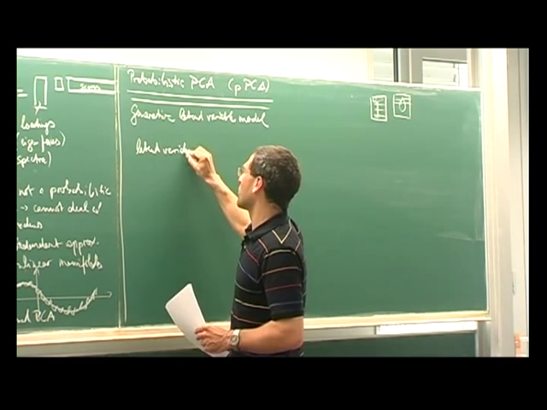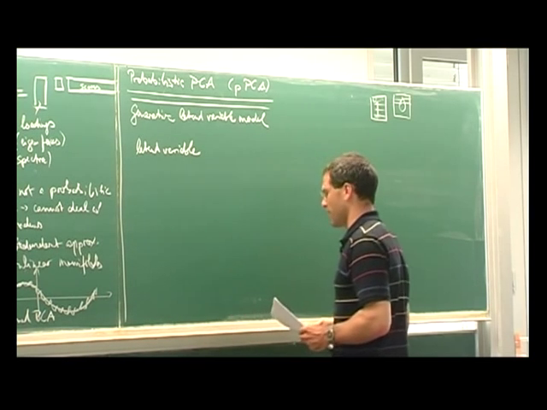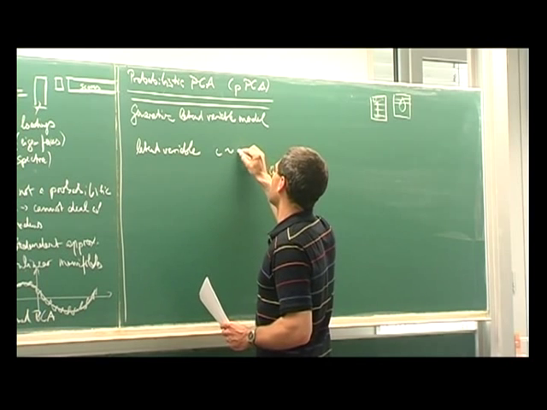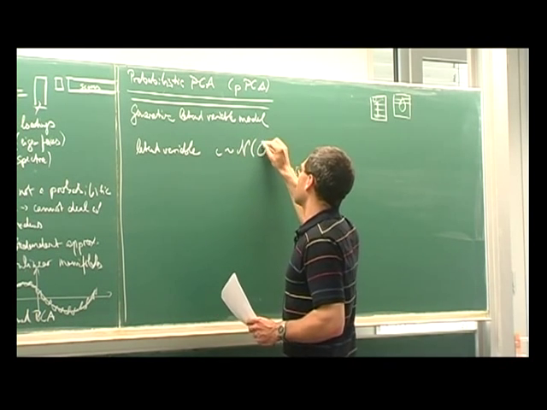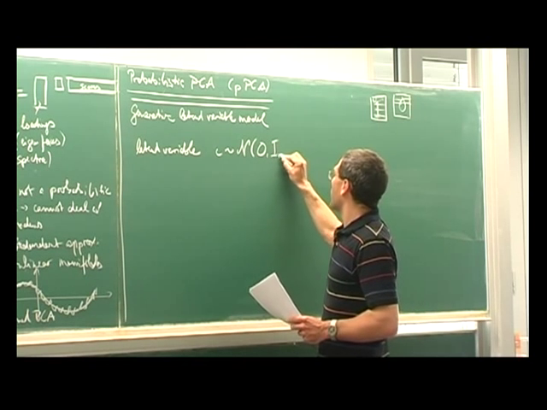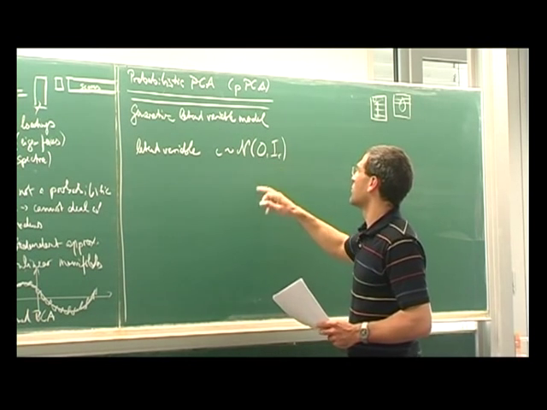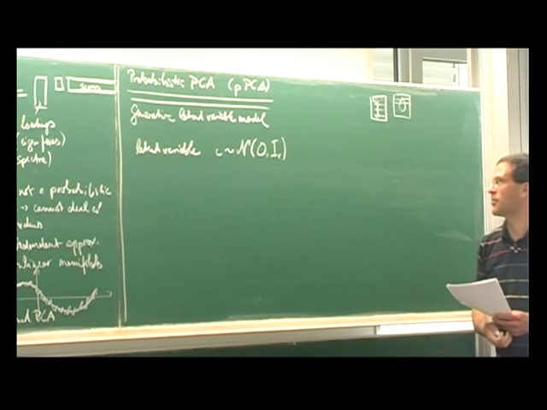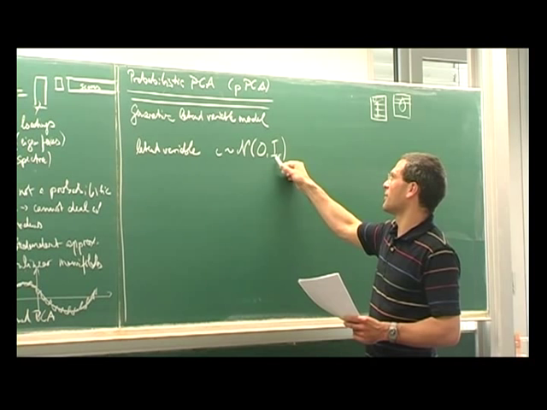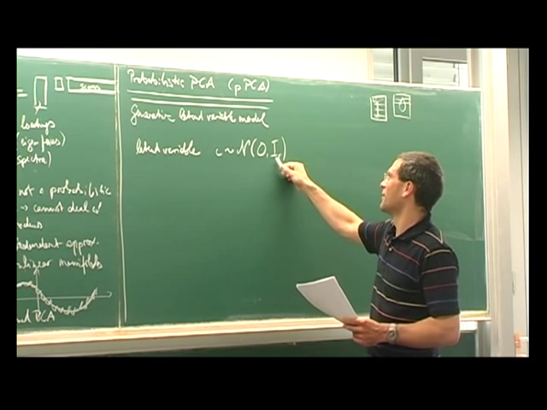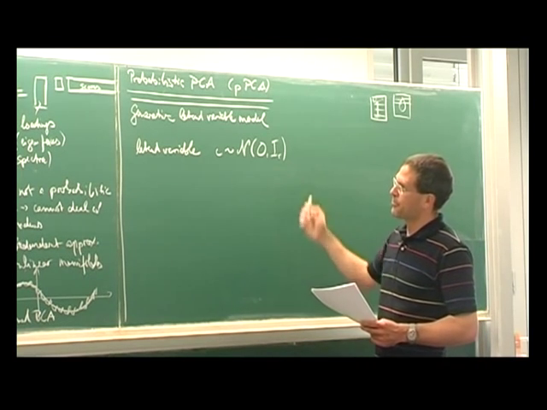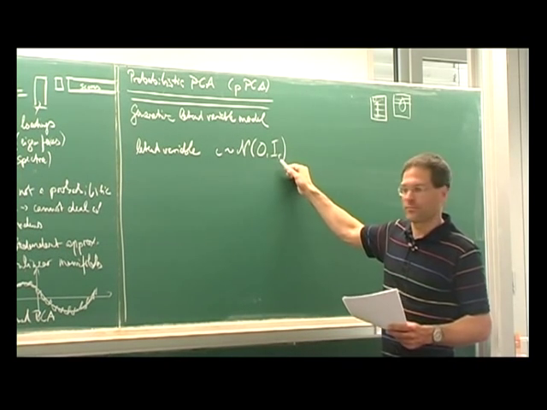So latent means an unobservable, a hidden variable, C, which is supposed to be distributed according to a normal distribution with zero mean and an isotropic covariance matrix of rank R. So R will be a small number, 2, 3, 4.